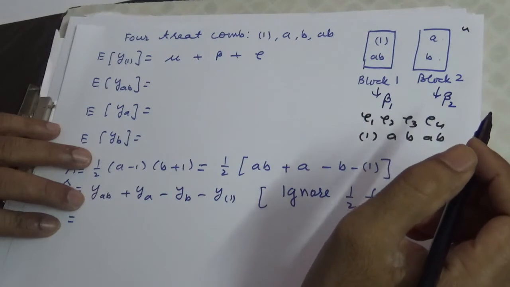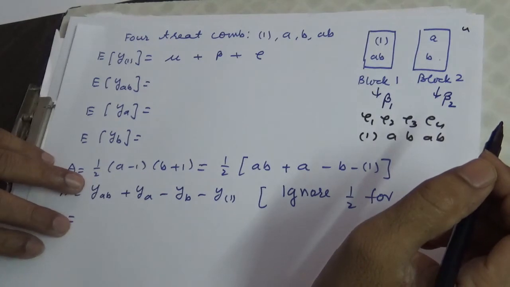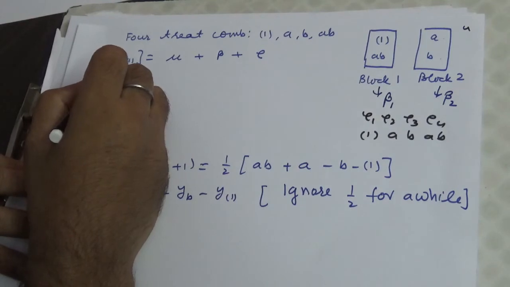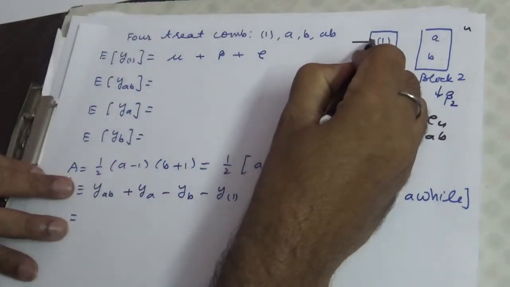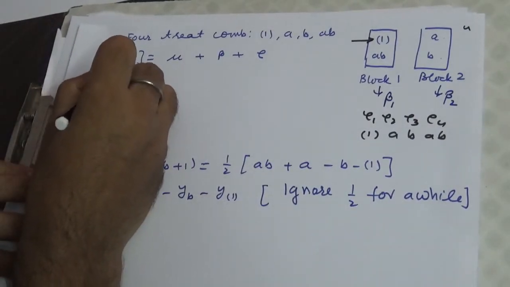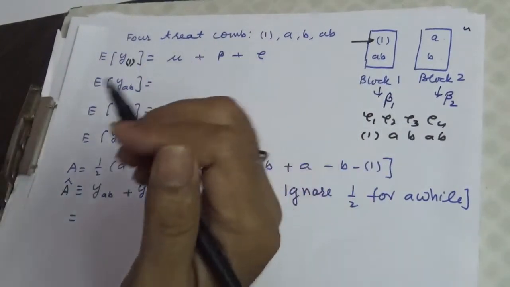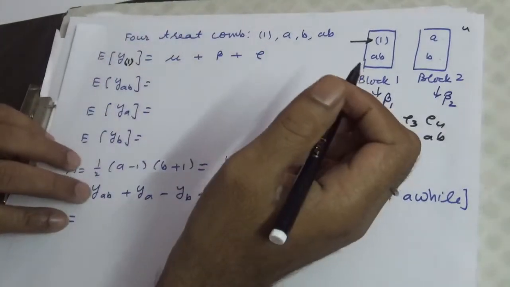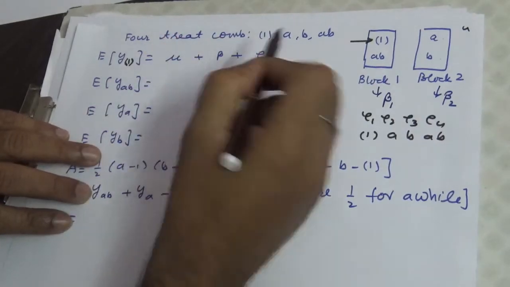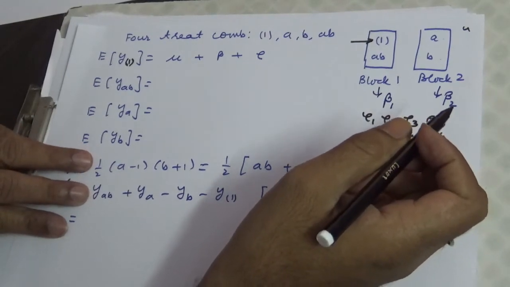Now what you can do here is write down the model for the effect 1. So this I am going to denote by y, and in the subscript I am denoting 1, which indicates the yij corresponding to the effect 1. So according to our model, that is going to be mu plus beta plus tau, and now I have to choose what is my tau and what is my beta.